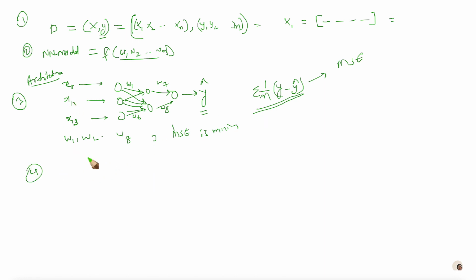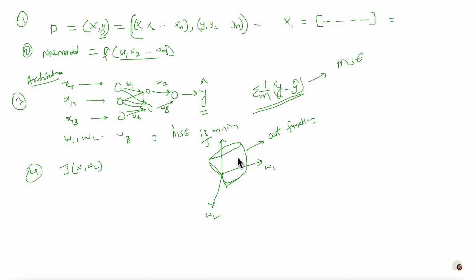Let's look at a simple example of a two-variable cost function, let's say j1 and j2. There are two weights that we are trying to learn. So for the regression problem, if we want to build a cost function for two weights w1 and w2, it can look something like this.